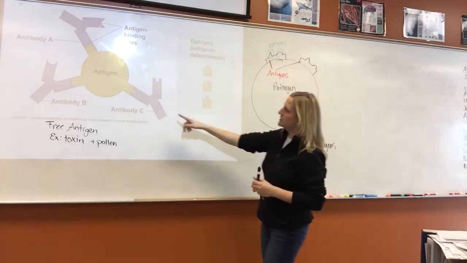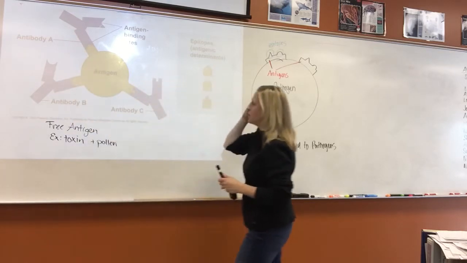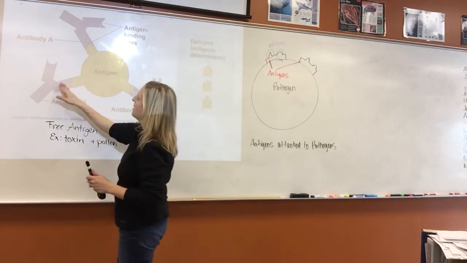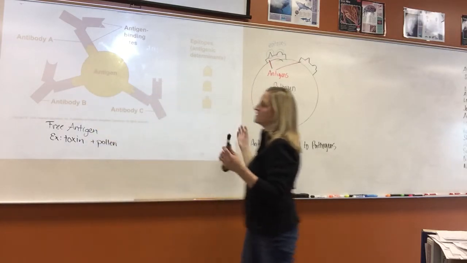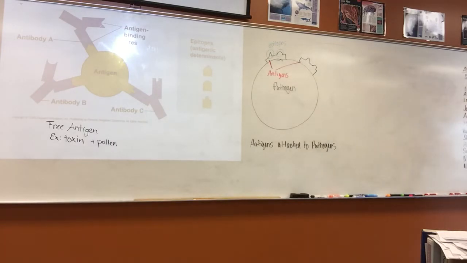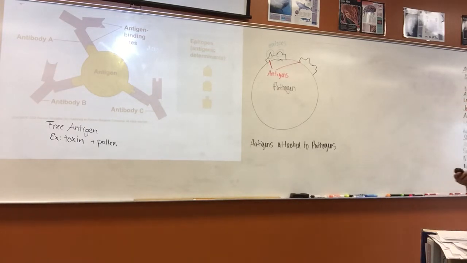Notice here this picture shows you antibodies, and the antibodies have complementary shapes to these epitopes and allow the antibodies to bind to them. We'll learn later that this binding of antibodies helps to get rid of the antigen out of your body, so it helps to destroy the antigen, and therefore helps you to get better if the antigen is causing you to be sick.